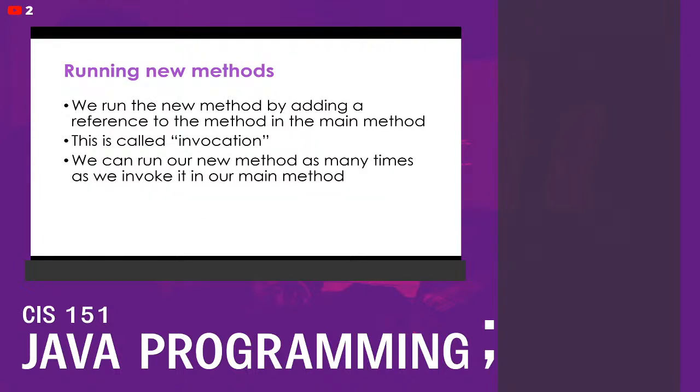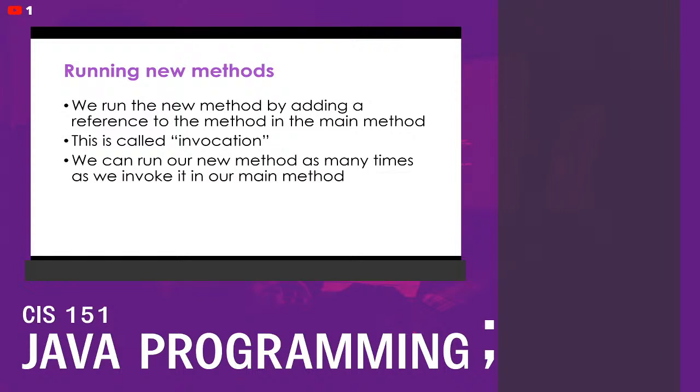Now, after we've written a method, it's not enough just to write a method. It's not just going to run by default. Once we write that method, we also have to invoke it, which means we need to call that method inside of our main method in order for our interpreter to know that it's supposed to run it. Because remember, everything that's in that main method is what our interpreter runs.